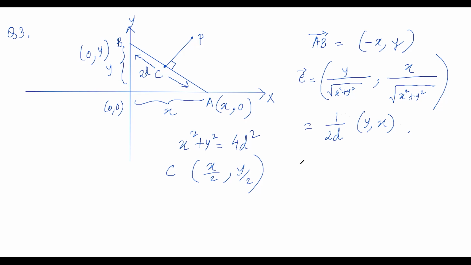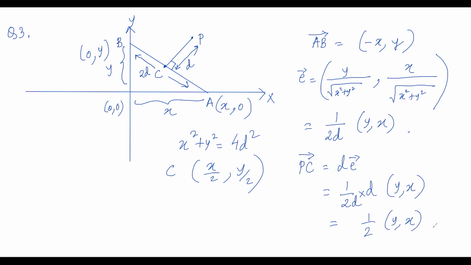And so now if you want to find the vector PC, its length is given to be d, so it's d times the vector e, and so that is 1 over 2d times d times y comma x, and that is 1 over 2 times y comma x.